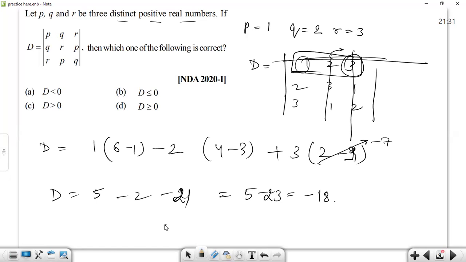Now D is less than 0 for sure. So this option can be correct, and this also can be correct. This cannot be correct, and this cannot be correct, because it excludes the reality that we have just found. But we are not aware whether D can become 0 or not.